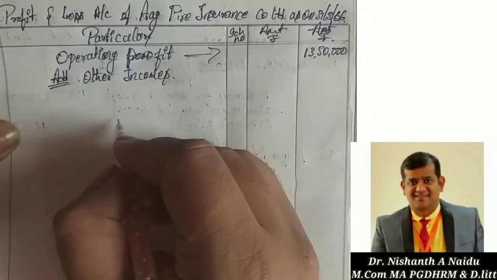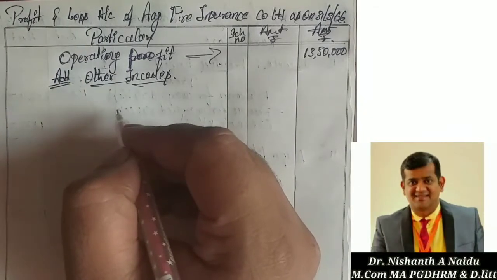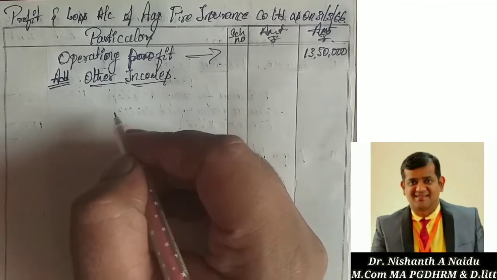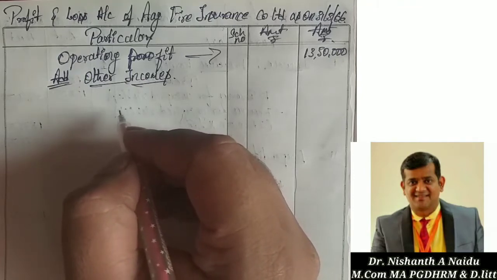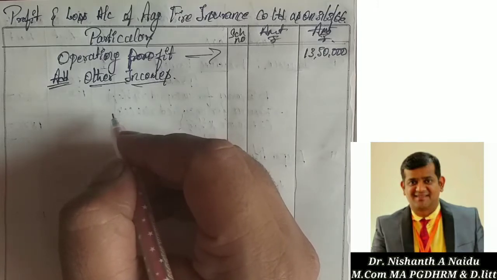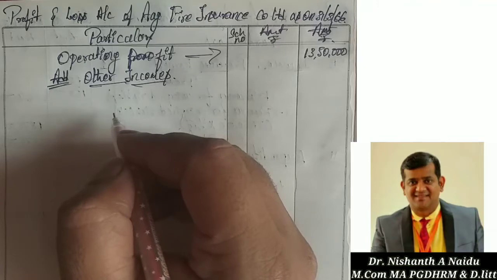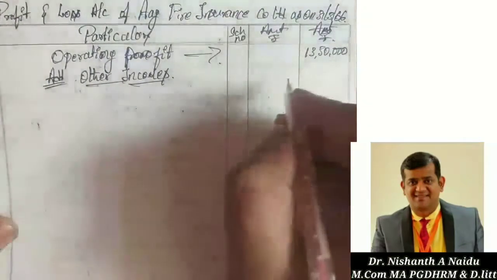So what are all the other incomes you have? Obviously other incomes, that is interest, dividend, profits. Is there any such kind of item? Just check out. There is one item, that is interest and dividend, which he normally gives. I think in this problem also he has given. See, on the credit side, interest and dividend received net, below government securities, 1,12,500. So I'm taking that.